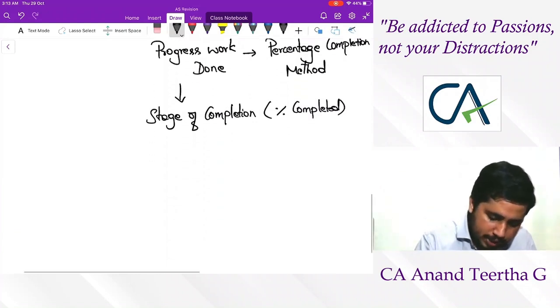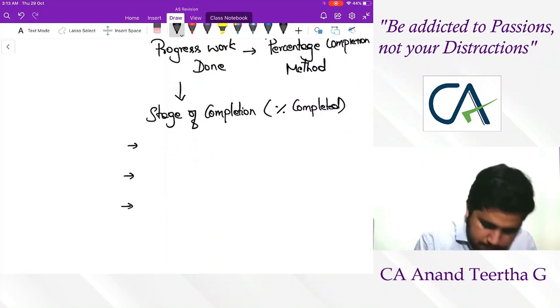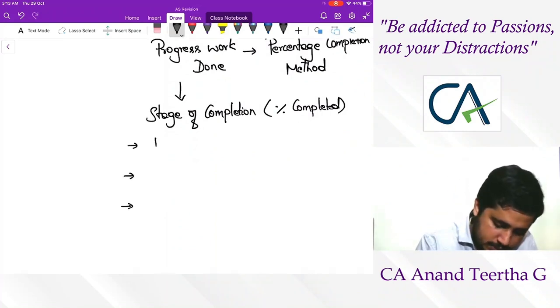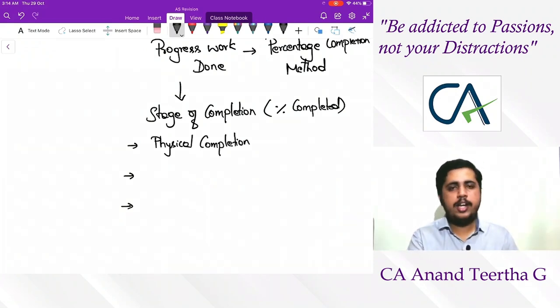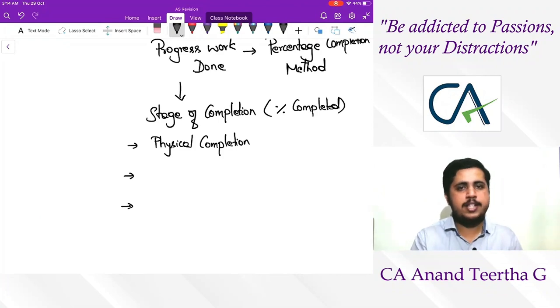Now, how do you get the stage of completion? Normally, there are three methods. The first method is called physical completion. Normally not followed because it's not that scientific. Physical completion basically means, of the total physical element decided on the contract, how much is complete.